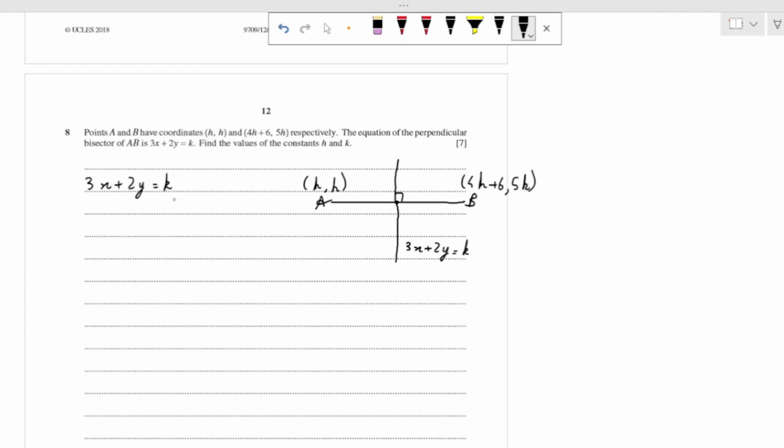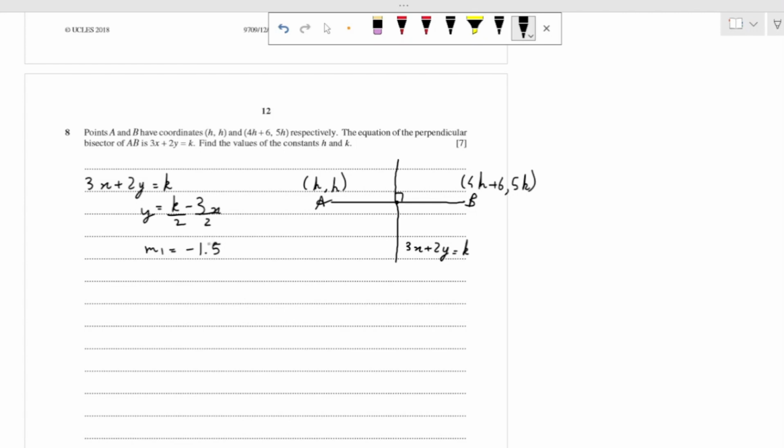The gradient is always the coefficient of x, so k won't affect it for now. We take 3x to the other side, this becomes k minus 3x, and both are divided by 2. From this we can identify that the gradient of the perpendicular bisector is minus 1.5, or minus 3 by 2.